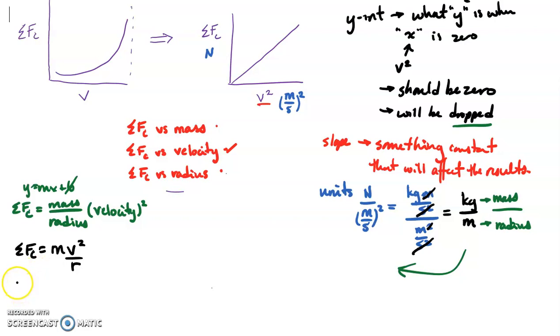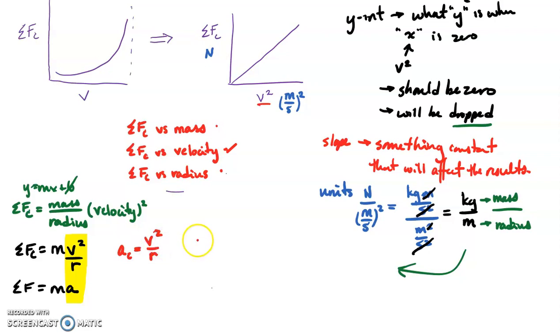It should look a lot like sigma F equals ma. And the reason why it looks so familiar is because this right here is linked. So we also now have a stronger understanding of acceleration. So centripetal acceleration is v squared over r.